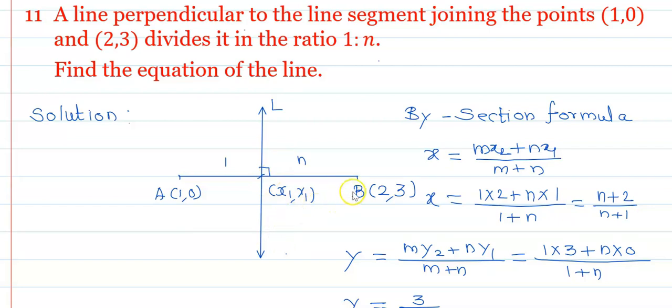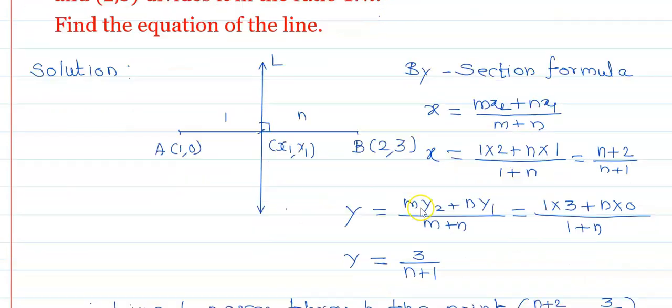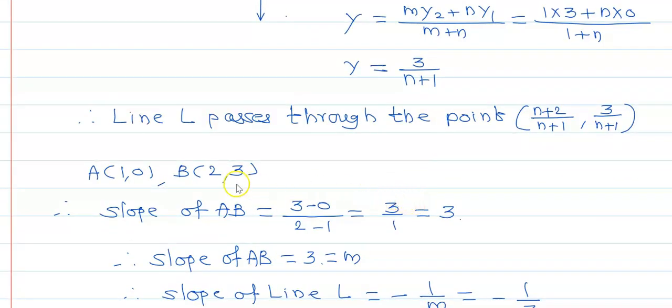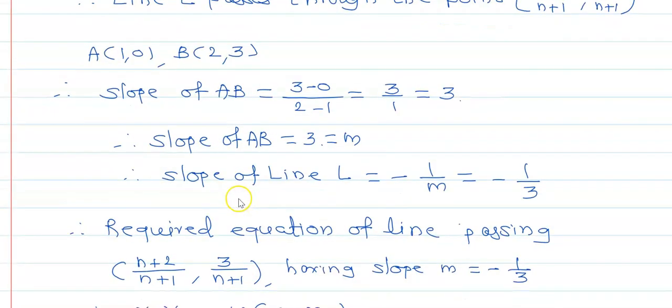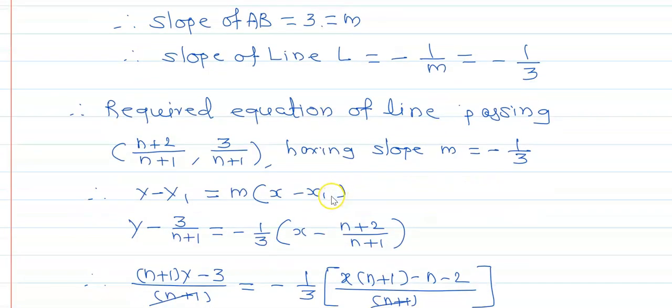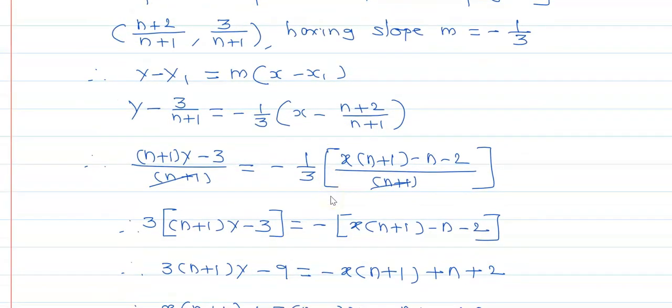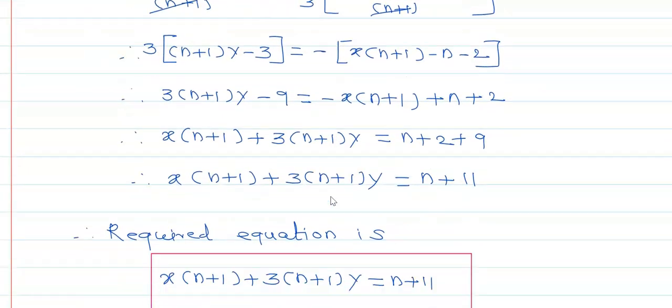Therefore, by the section formula, we find the value of x and y, and afterwards we find the slope of the line segment joining the points AB, slope of AB. Therefore, the slope of L is minus its reciprocal. Equation of the line capital L, and this is the required equation.